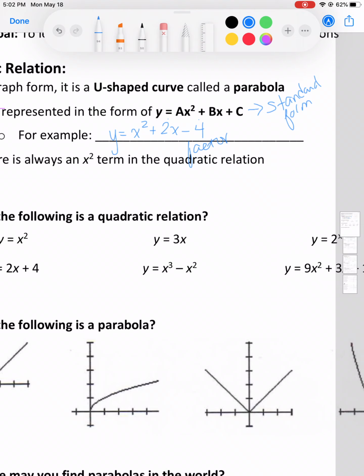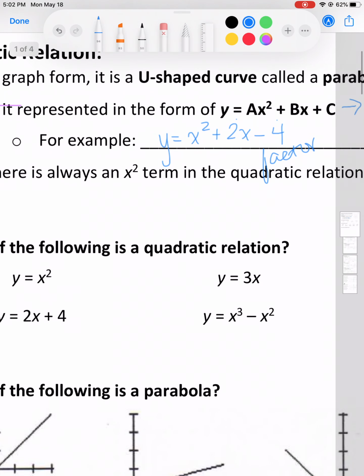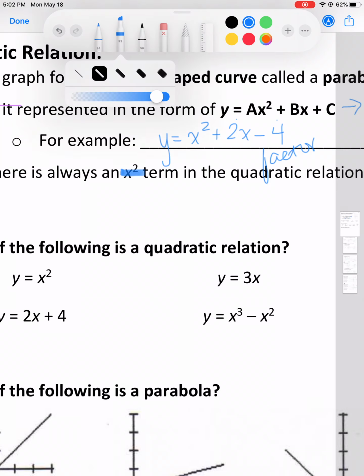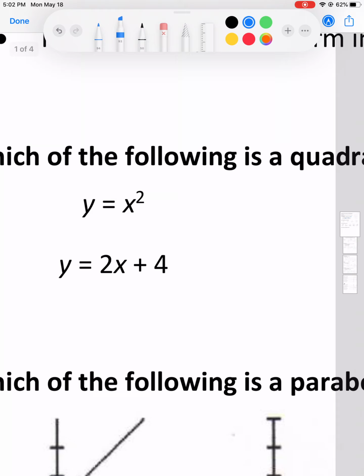So, a reminder, there is an x squared in the term for a quadratic relation. I'm going to make that a bit bigger. So, which of the following is a quadratic relation? y is equal to x squared. Is that quadratic?